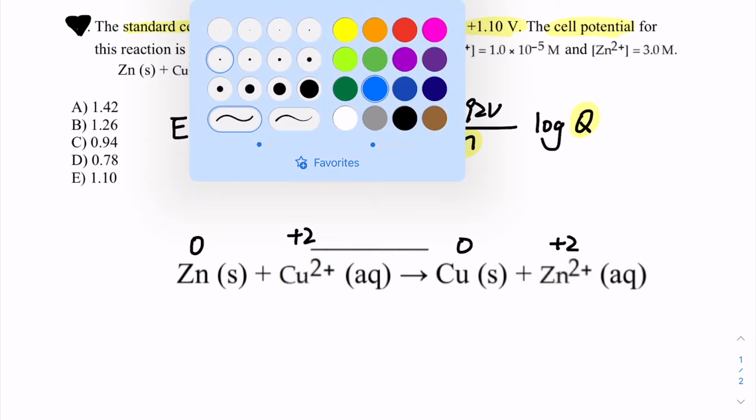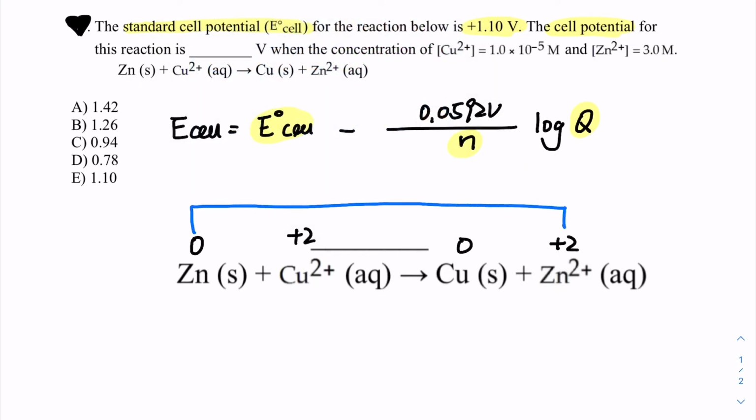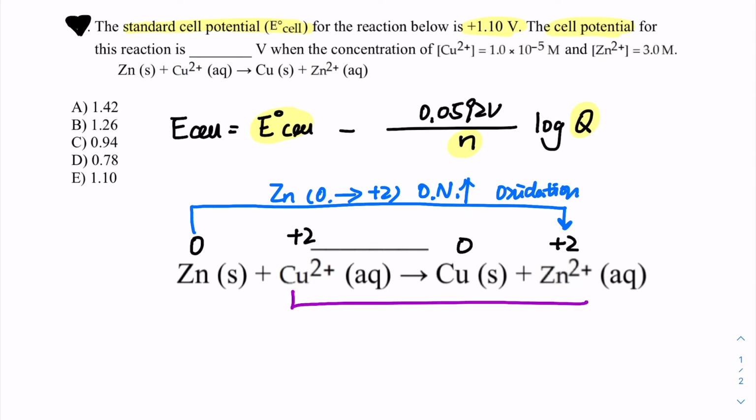Zinc goes through an oxidation number change from 0 to positive 2. The oxidation number increases, so that's your oxidation half. And copper, on the other hand, is going from positive 2 to 0, so for every one copper, the oxidation number decreases.